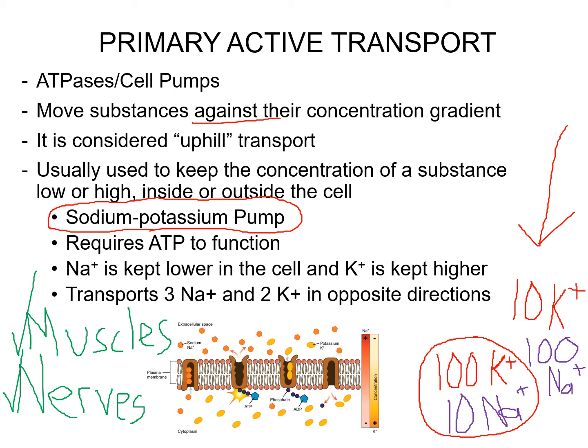There are going to be proteins all along the plasma membrane. If you can look, very small picture, these proteins found in this phospholipid bilayer, there's proteins all throughout the membrane, and what they're going to be doing is taking 3 sodiums inside the cell and kicking them out of the cell.